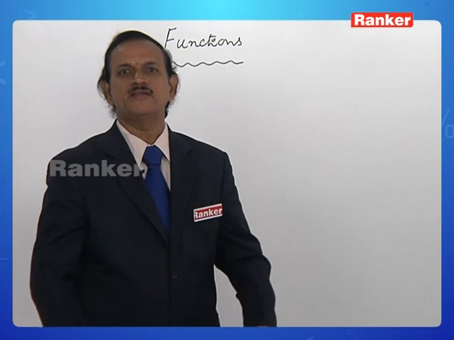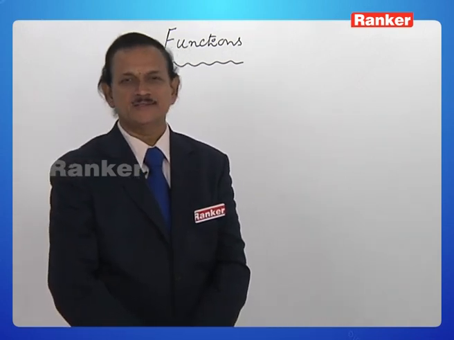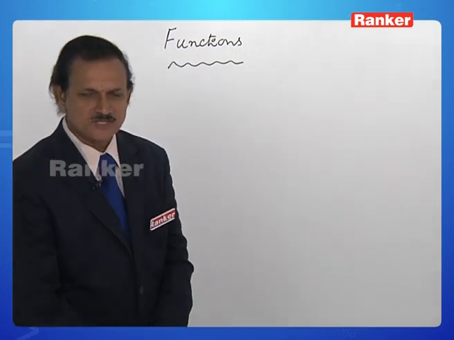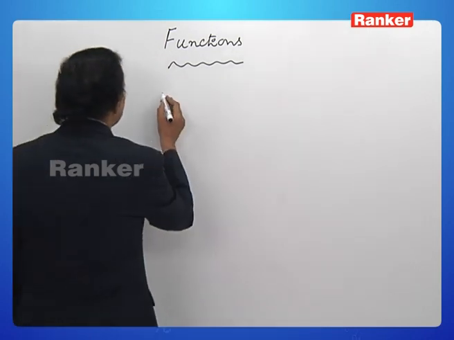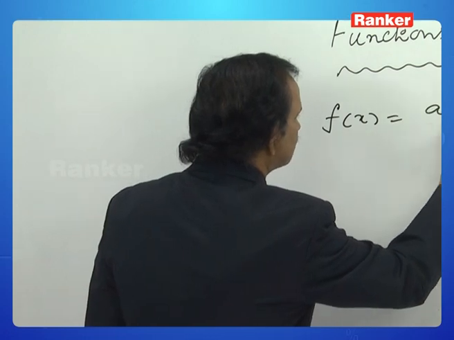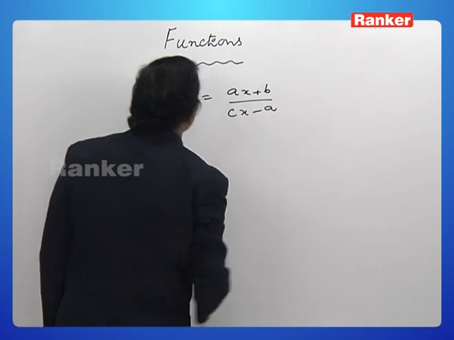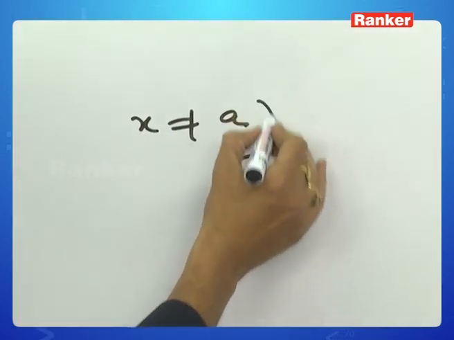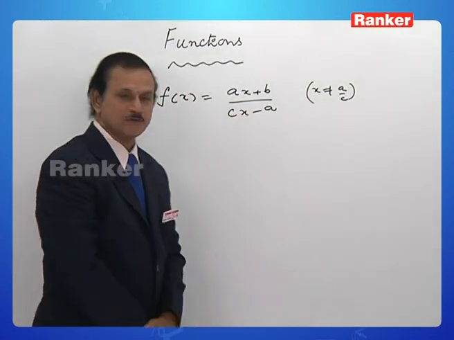That is f is equal to f inverse, or f circle f is equal to I. Out of such functions, one of the famous functions is, you please observe this, f of x is equal to ax plus b by cx minus a, x not equal to a by c. Of course, that is denominator is not equal to 0.